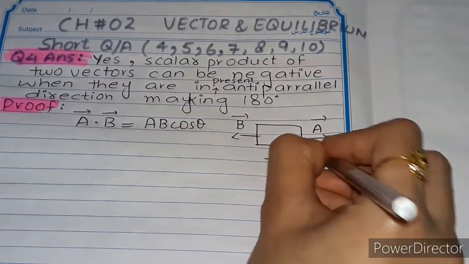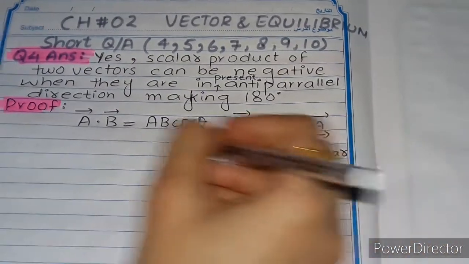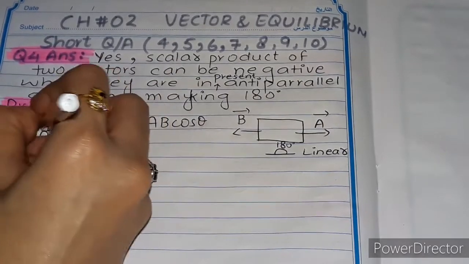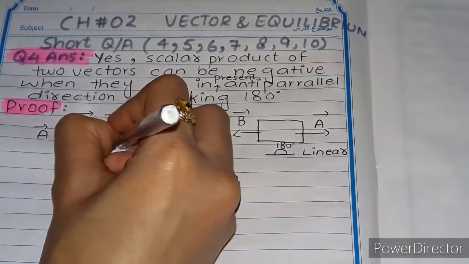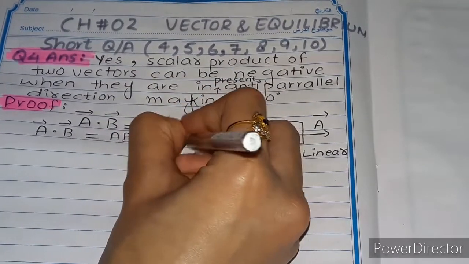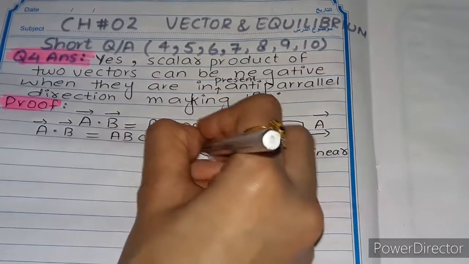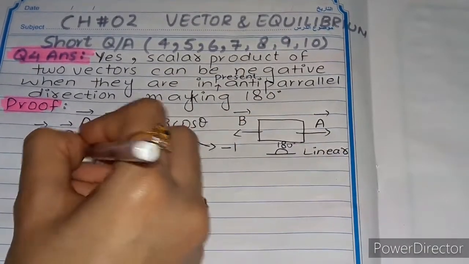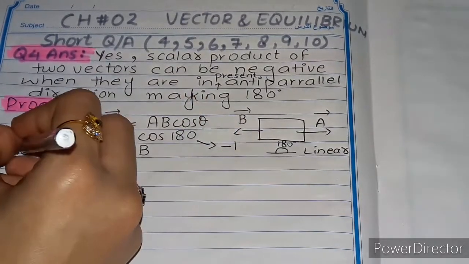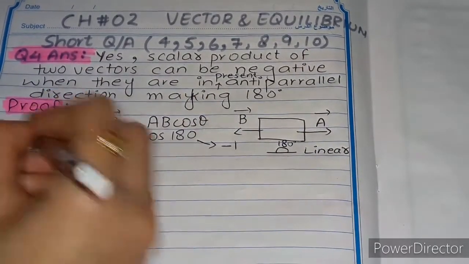So A dot B, scalar product, is AB cos 180 degree, and cos 180 degree is -1, so it would be minus AB. So A dot B is equal to minus AB.